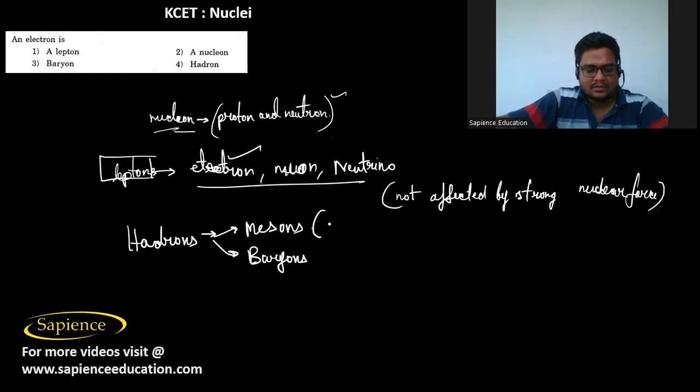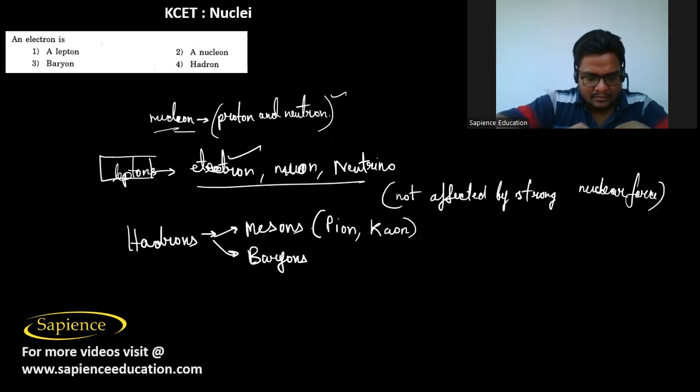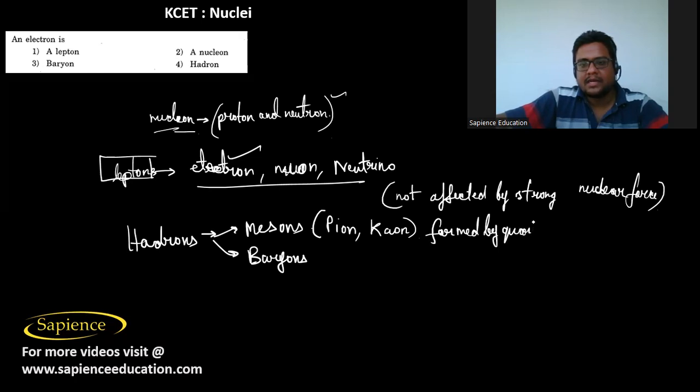The examples of mesons are pion and kaon. And mesons are formed by quarks and antiquarks.